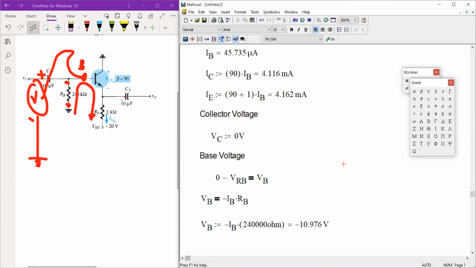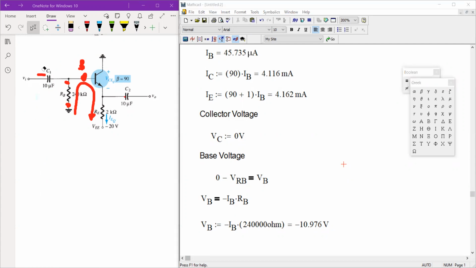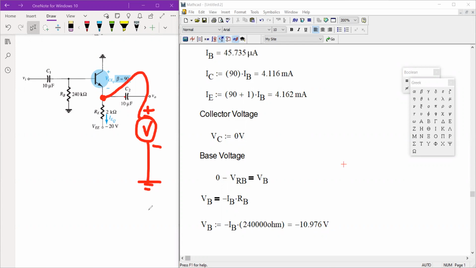Now to determine the last terminal voltage for our BJT, we're going to measure V sub E, which is the emitter voltage. You connect the positive terminal of your voltmeter on your emitter terminal, and of course the negative terminal to your ground or reference terminal.